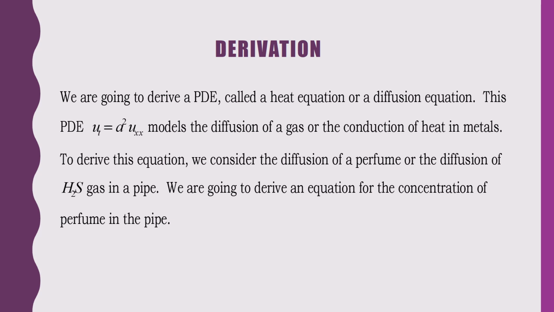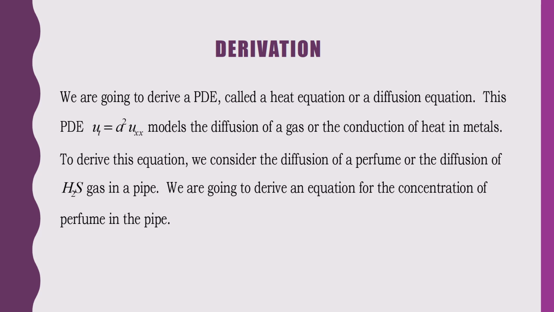Now, we derive this one-dimensional diffusion equation or heat equation u_t = a² u_xx. This equation is called one-dimensional because we have only one space variable x. t is the time variable.